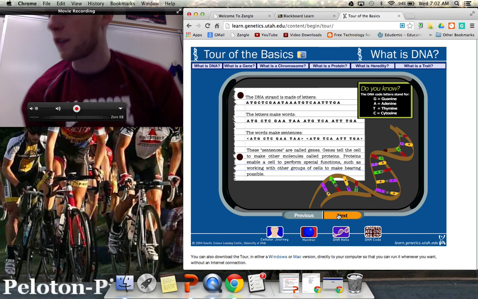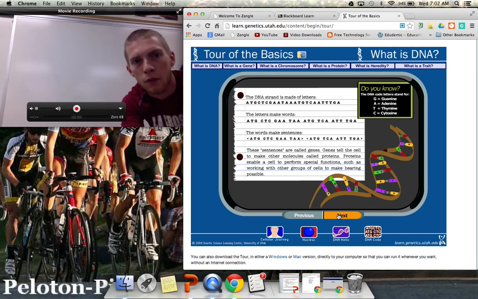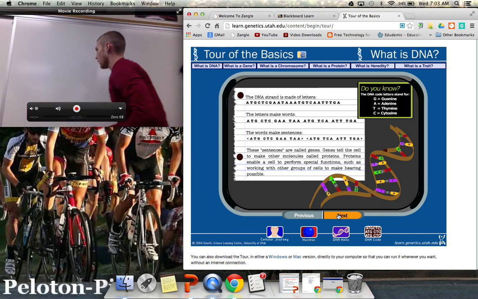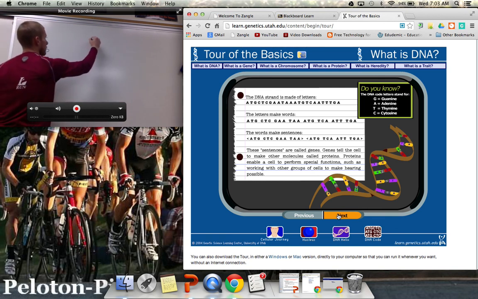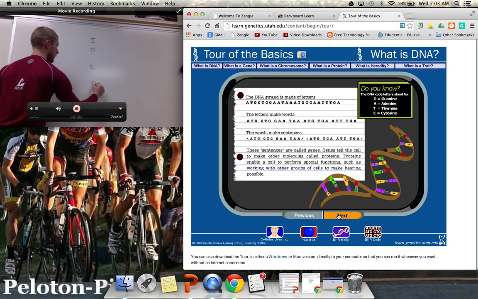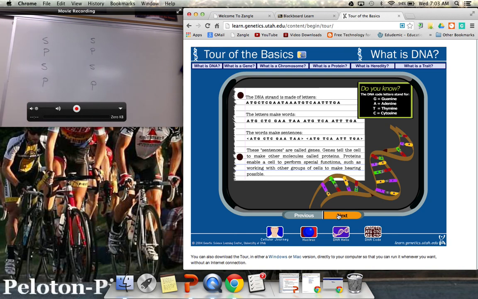So if we had to draw a simple model of this, and we can do this on the board, I would have a sugar, phosphate backbone on either side. Sugar, phosphate. And my sugars would be bound to a base.